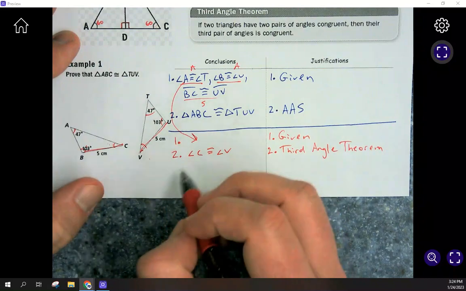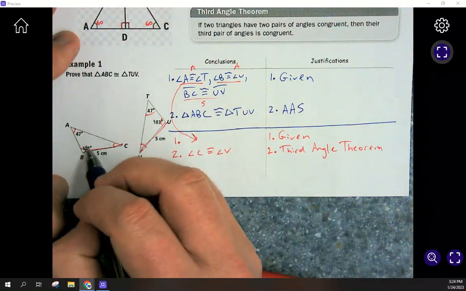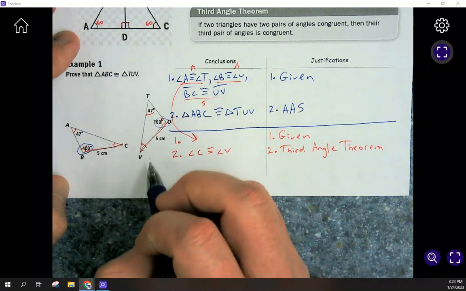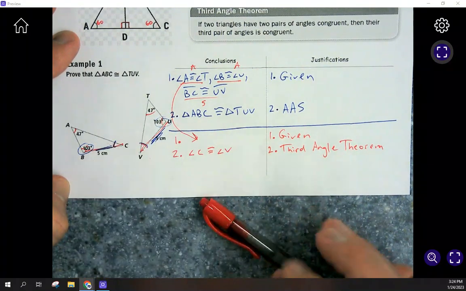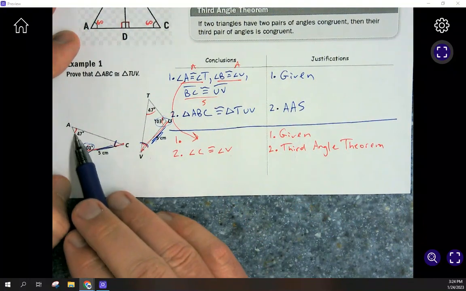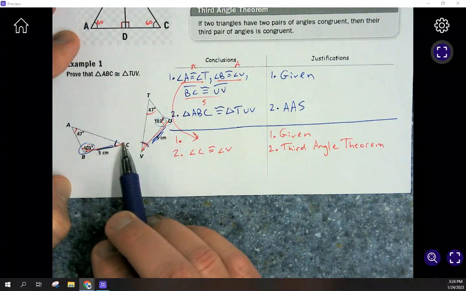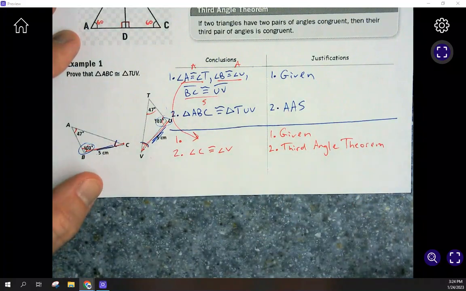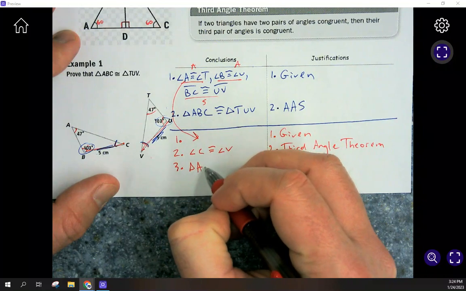All right, and now that I know that, if you take a look at the picture, I've got the 103s matching, I've got these matching, and I've got the side that's in between those matching. So I don't need to use the 47 here. I've got angle, side, angle. So now I can state, again, this would have to match up.